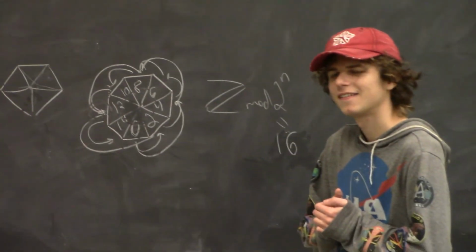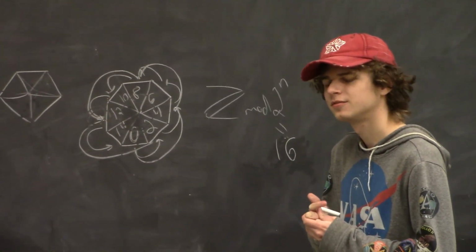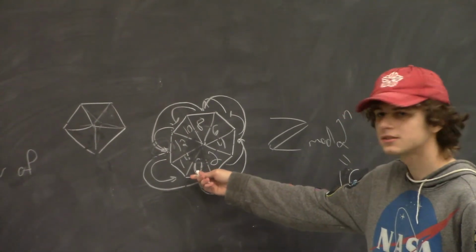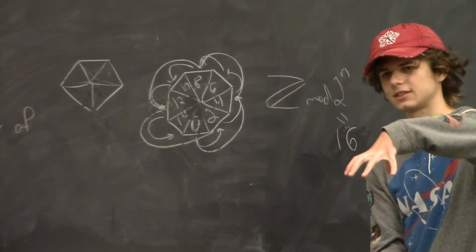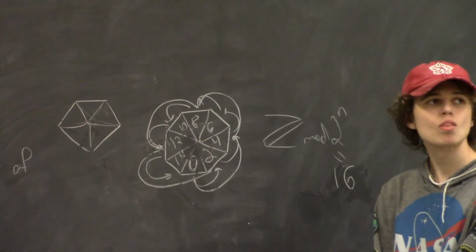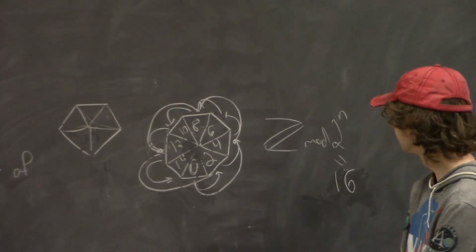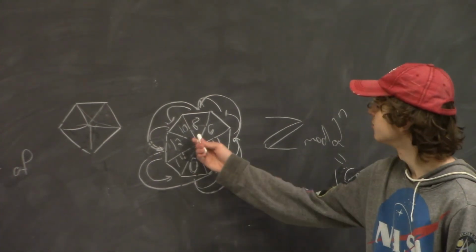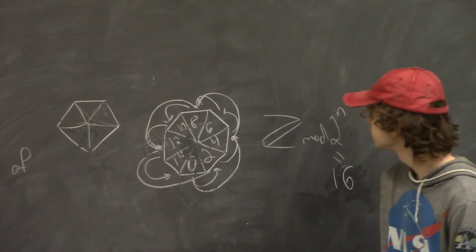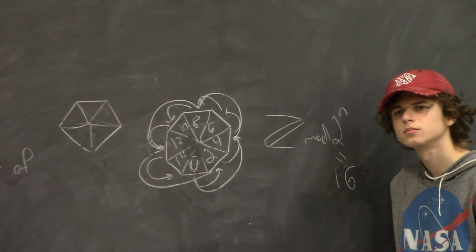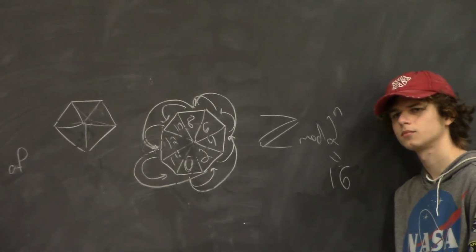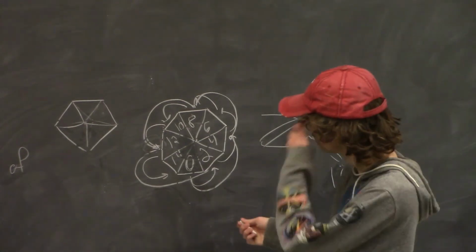Okay, so for this D10 or D20, wait, this has 20 faces, right? Or has 16 faces. 32. Because it's 16 on top, 16 on bottom. No, it has 16 faces. It has 8 on top. No, oh yeah, you're right. And then the multiples of 4 are 4, 8, 12, and 16, which is 0.